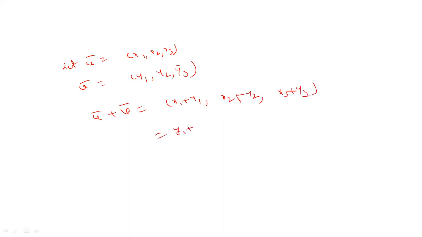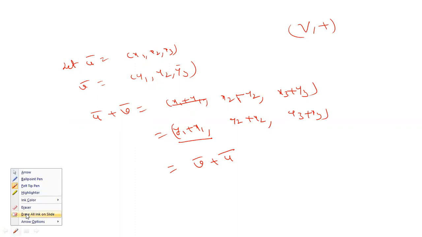That is the same as (y1 plus x1, y2 plus x2, y3 plus x3), because they are real numbers, x1 plus y1 is equal to y1 plus x1. That is v bar plus u bar. Therefore, V with addition is abelian. Closure is satisfied, associative satisfied, identity, inverse, and commutative.